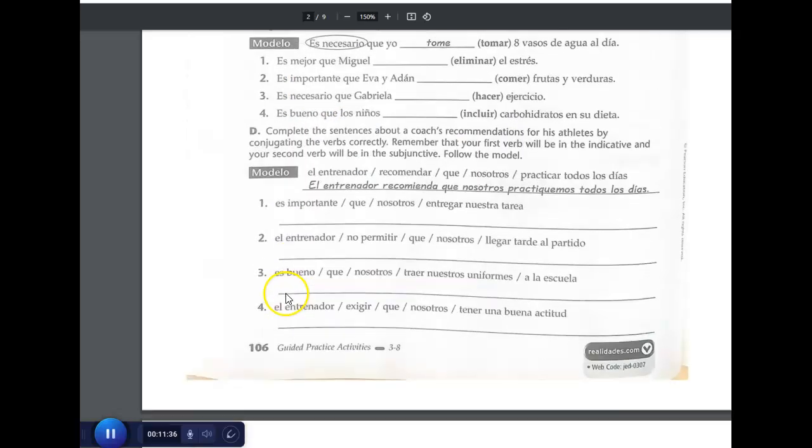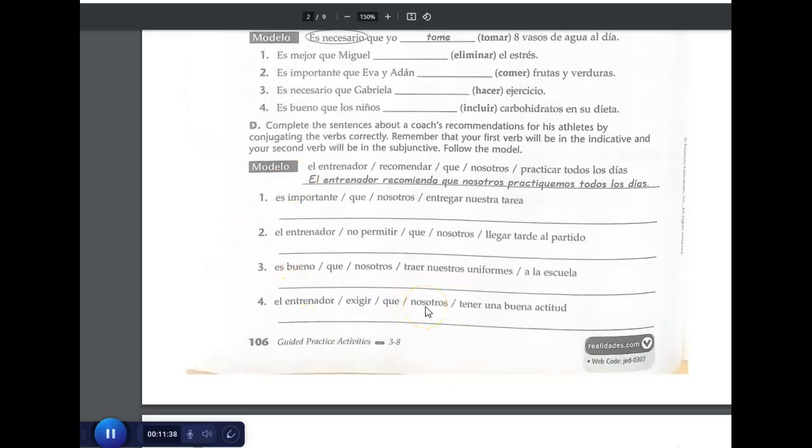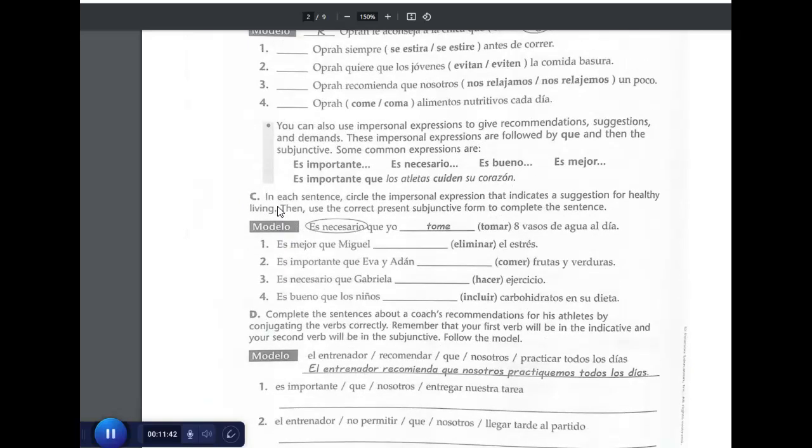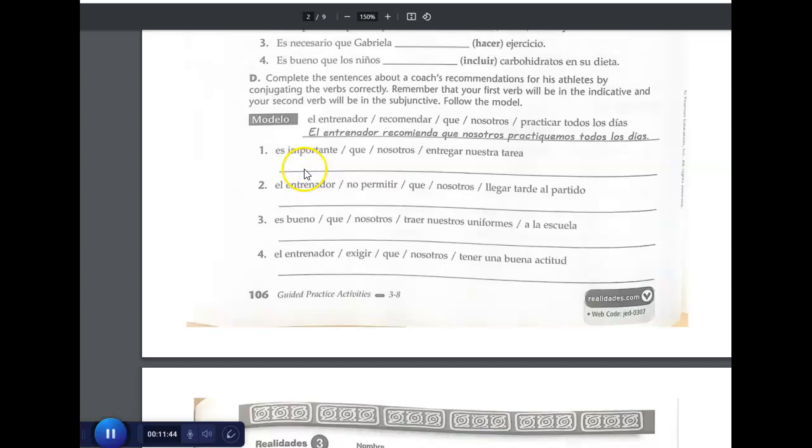That's part C. Part D, putting all the pieces together, beginning with the impersonal expression, followed by que, followed by your subject, and then your verb conjugated in the subjunctive. For example, el entrenador recomienda que nosotros practiquemos todos los días.